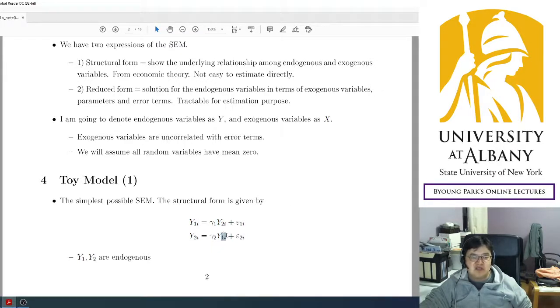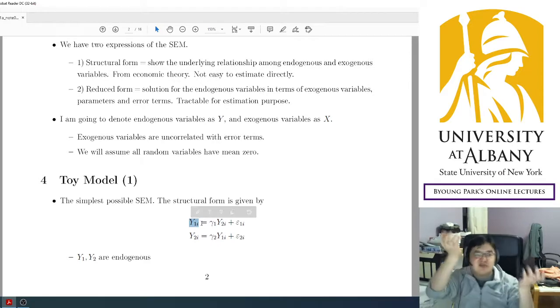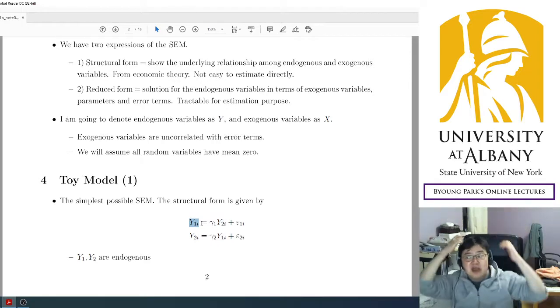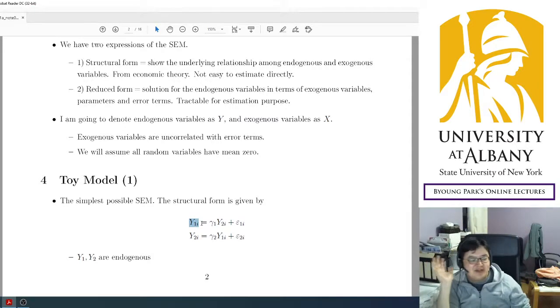Then by the second equation, y2 increases. Then by the first equation, the increment affects y1, so it increases again, and some students believe that they are going to diverge. That may be true, but usually that is not true.